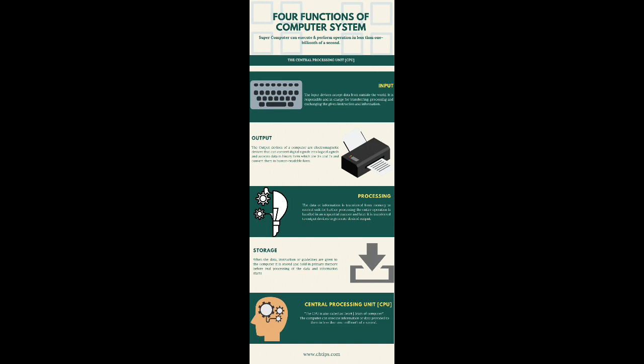With the mouse and keyboard, we give instructions to the computer, like we type A, B, C or any letter. The keyboard sends information to the CPU, and the CPU, or the box or case, processes this information with the help of the operating system and software.